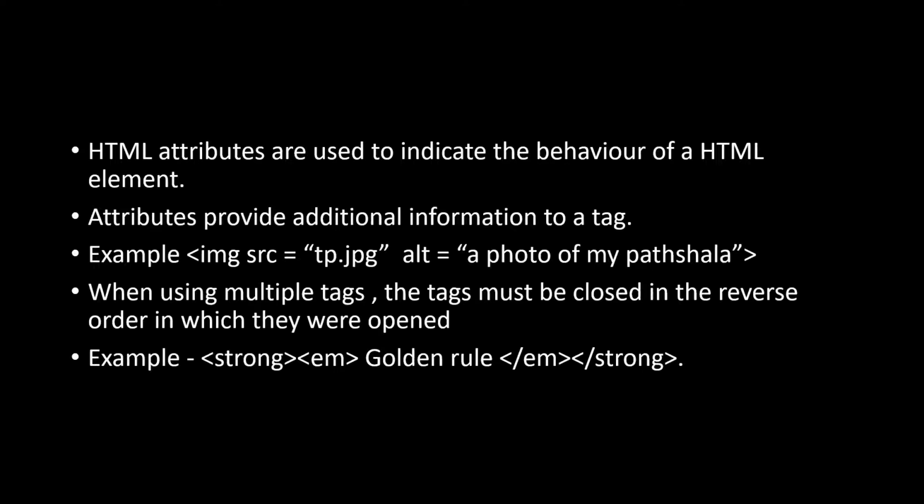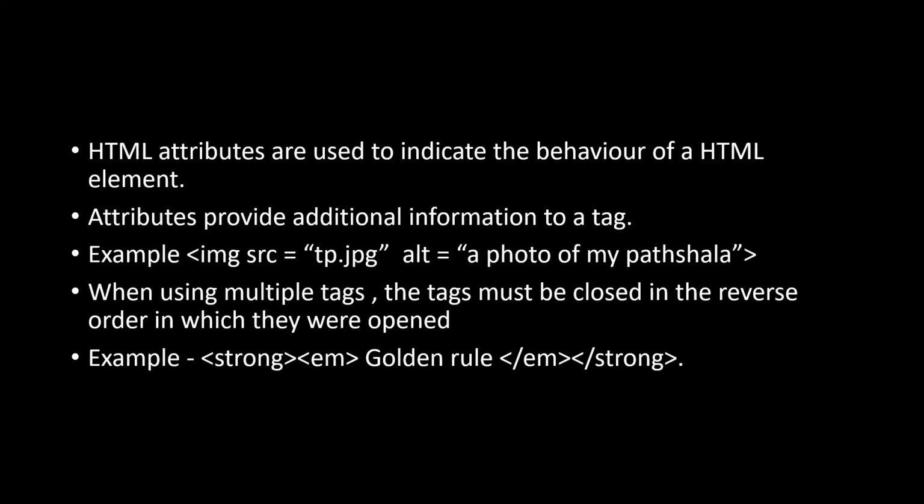Example: img src equal to tp.jpg alt a photo of my Pathshala. So in this, img is a tag. We will learn about this tag after some time or in my next video. And this src is an attribute that is providing the information of what is the source of that image, or what image the web browser will display.